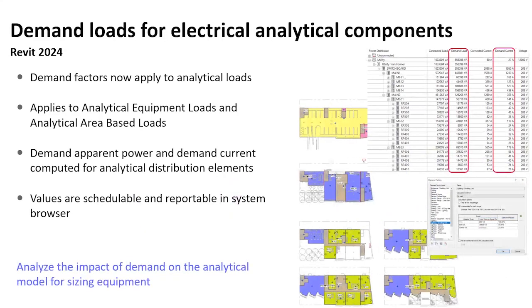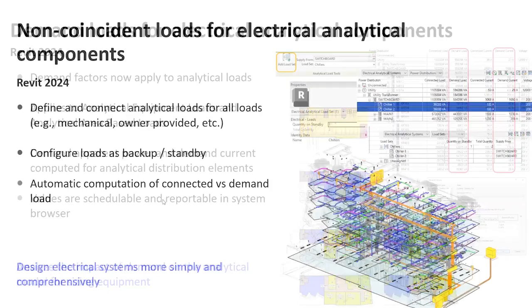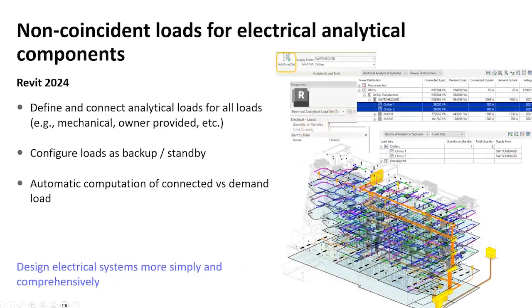Not to leave out the electrical engineers. So demand factors are now applied to the analytical loads. That basically gives us the capabilities for electrical analysis, supports electrical engineers looking to reduce overall design time and quality within the model. When you're looking at electrical load capabilities, they were first introduced in 2023.